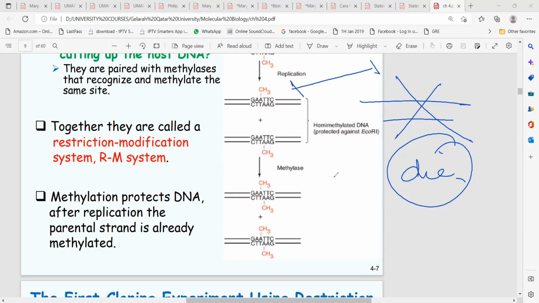This is why when virus gets in, this endonuclease cuts their DNA. DNA is like an information center. They cut that and the virus dies. Clear?